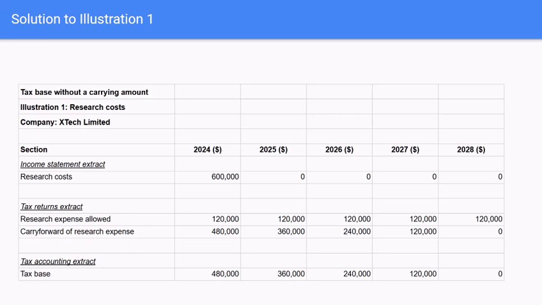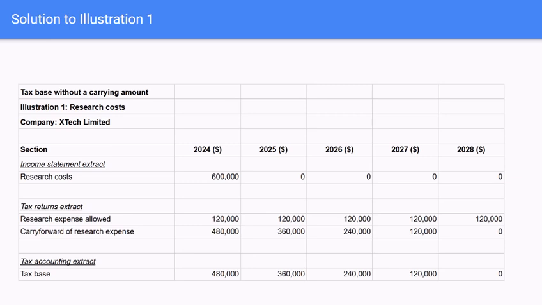At the end of 2025, the carry forward is 360. We expect to deduct these amounts against our future taxable profit. So that's the tax base of the imaginary asset, in this case, research cost. And it goes all the way till 2027, where your tax base is 120K, and by the end of 2028, no more tax base because you have fully deducted the 600K, 120K each year from 2024 to 2028.